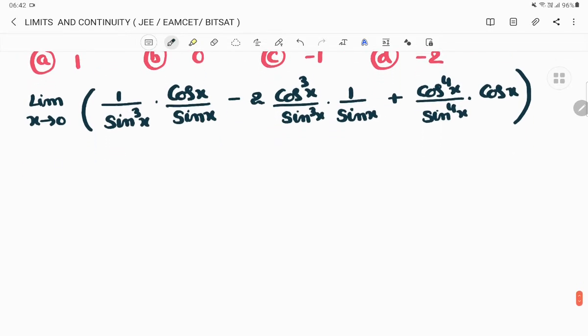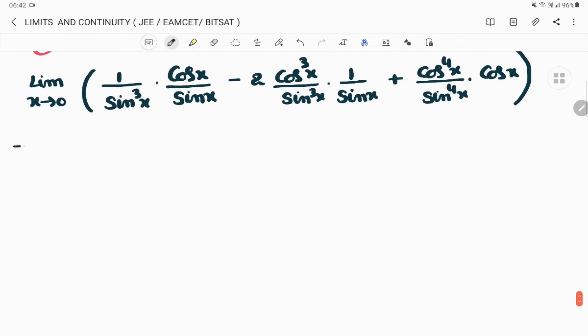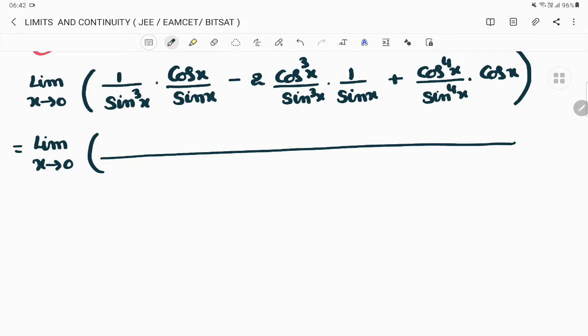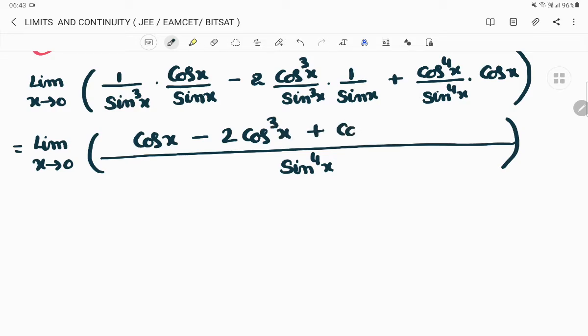So now simplification. By taking LCM, limit as x tends to 0, sine power 4x in the denominator. Here cos x minus 2 cos cube x, plus cos power 5x.